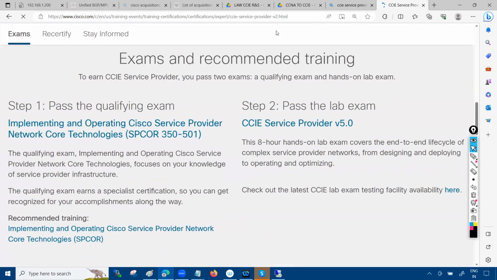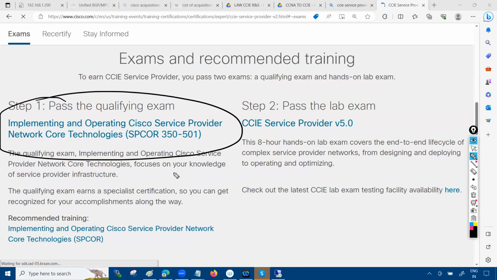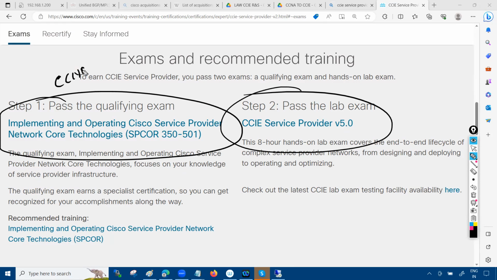So we are going to cover this exam, this paper, or this paper too. We are going to cover the SP core, that's the CCNP, you can call it. And we are going to cover the CCIE too.